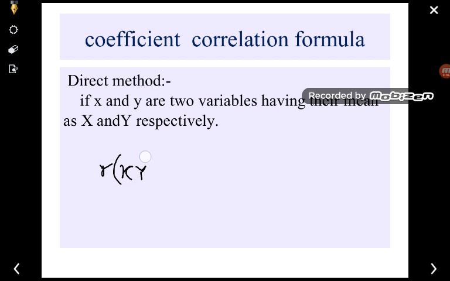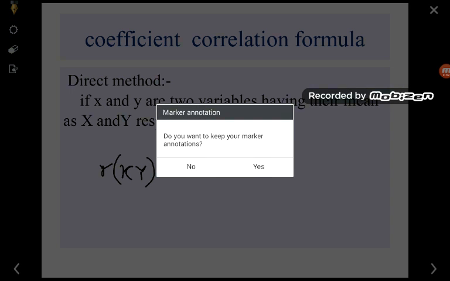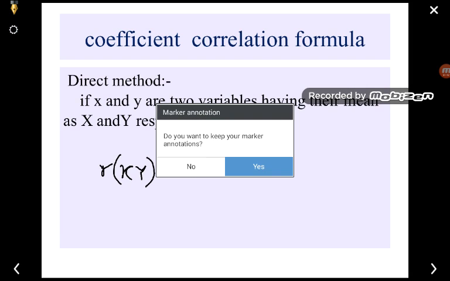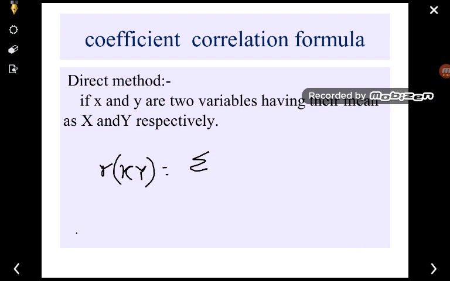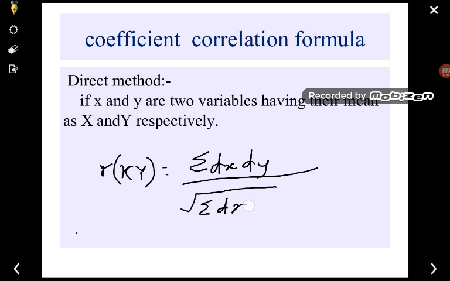The variables which you have taken should be in the bracket. That is equal to the summation of dx dy divided by the square root of summation of dx square into summation of dy square.